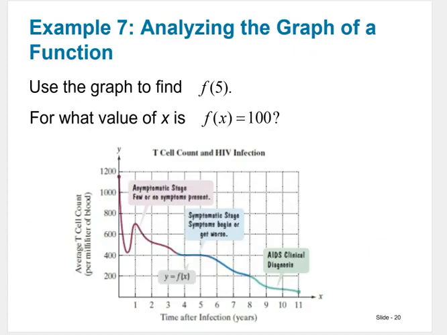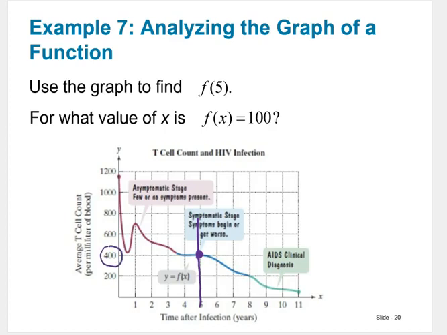You'll often be asked to use graphs to find information. Here, for example, it says use the graph to find f(5). So we go over here, 5 is the time of the infection. I'll draw a little vertical line to help me out, and notice right here is where it crosses. Let's go over to the y-axis, and that is 400.